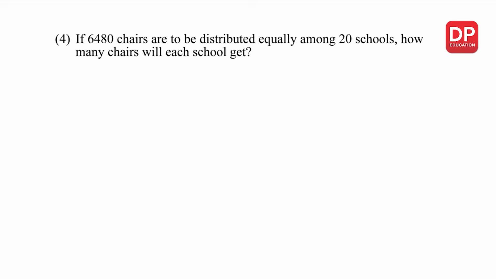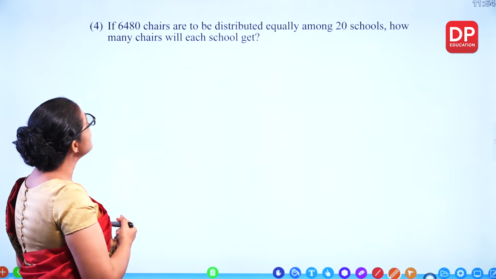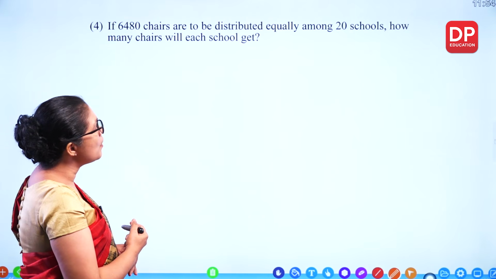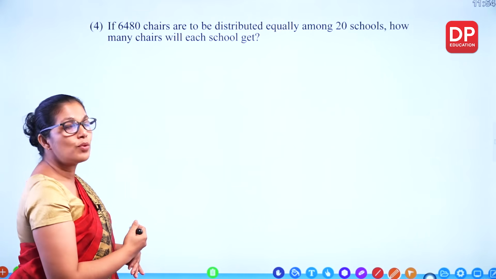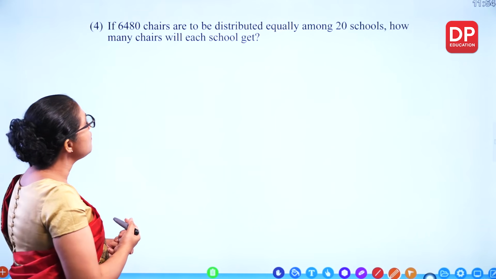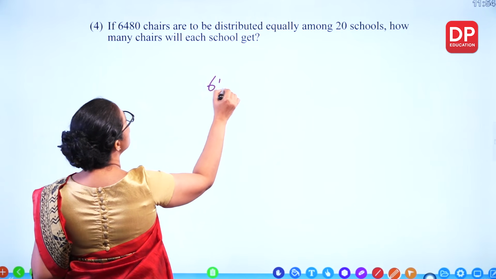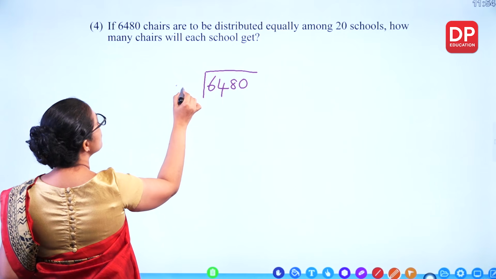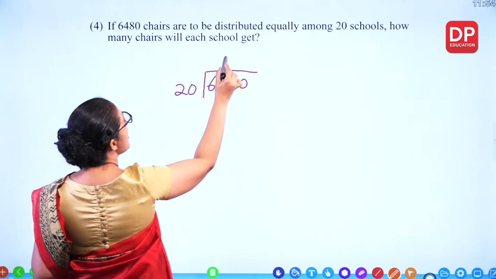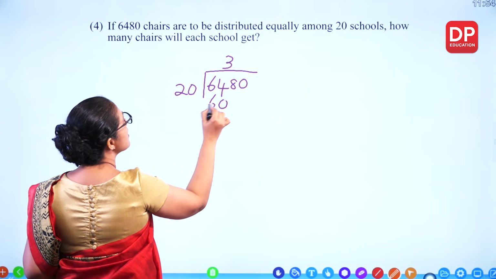Question number 4. If 6,480 chairs are to be distributed equally among 20 schools, how many chairs will each school get? So this is also division. 6,480 divided by 20 schools. 20 times 3, you get 60.